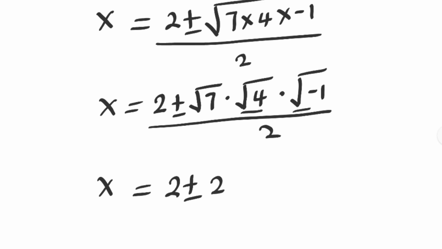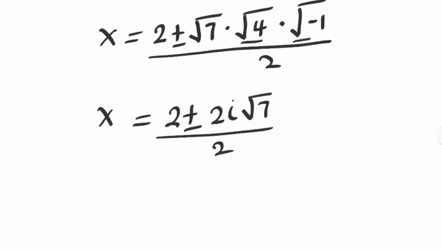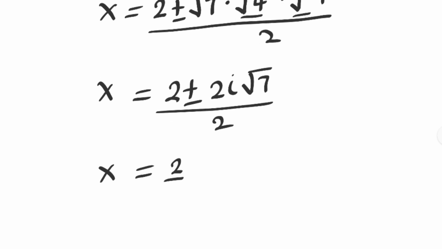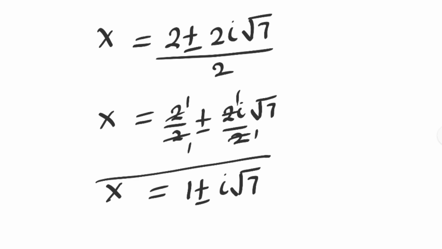Square root of minus 1 is i. So x is equal to 2 plus or minus 2i root 7 all over 2. Then x is equal to 2 over 2 plus or minus 2i root 7 over 2. 2 divided by 2 is 1. x is equal to 1 plus or minus i root 7. This is the value of x.